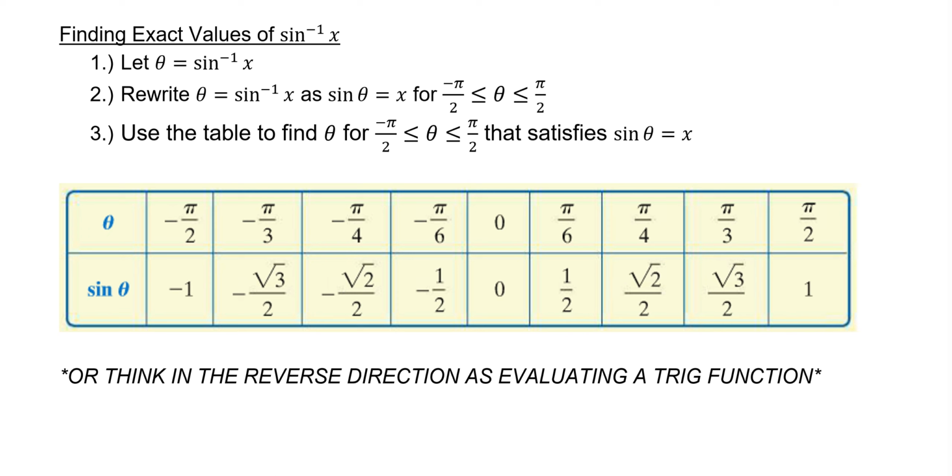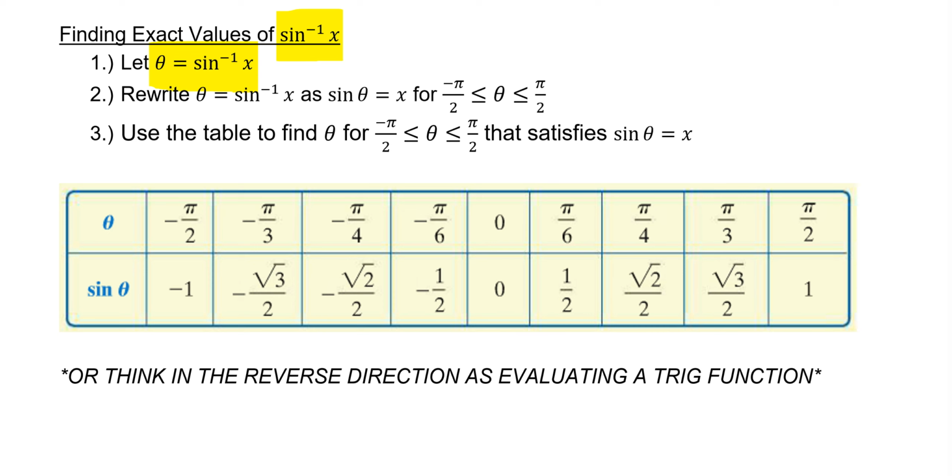When we're trying to evaluate sine inverse of some value, what's important to remember first and foremost is that we think of that as an angle. So we're going to rewrite it at first as sine inverse of whatever that value is equals some angle theta.